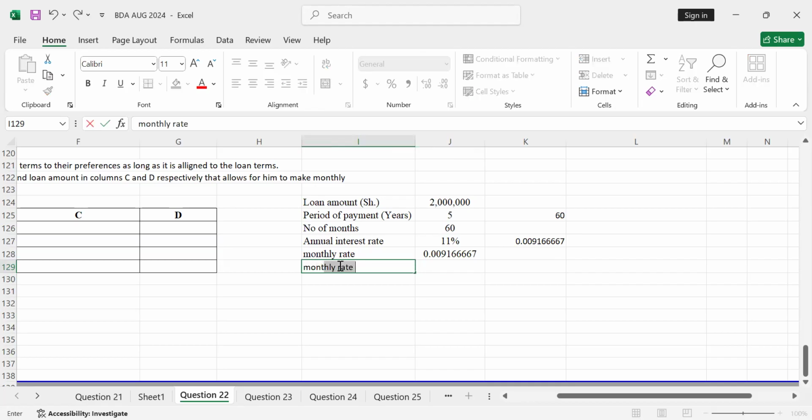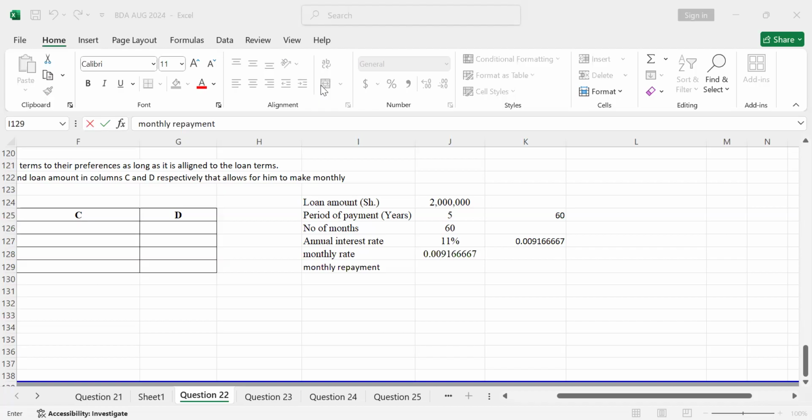Now, monthly repayment is the installment payment, as we said. So here I'll just come. Now we want the amount that you will be paying depending on those periods.